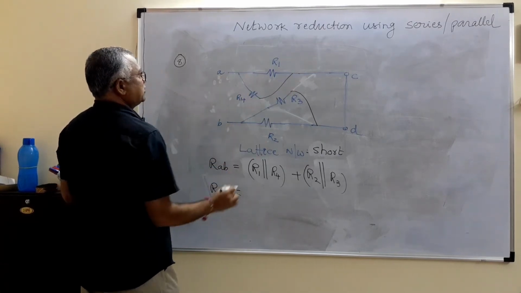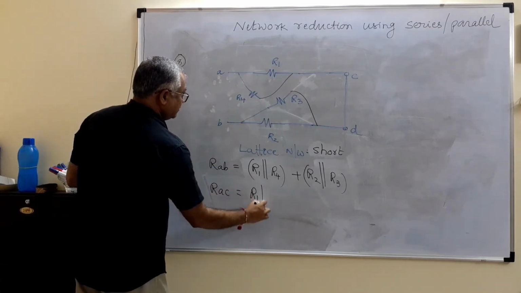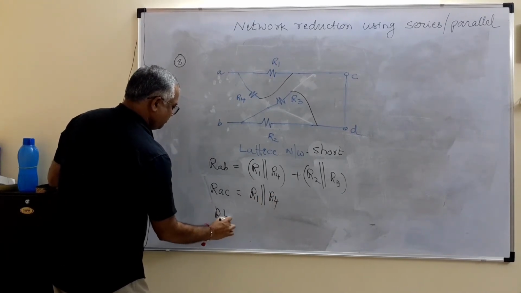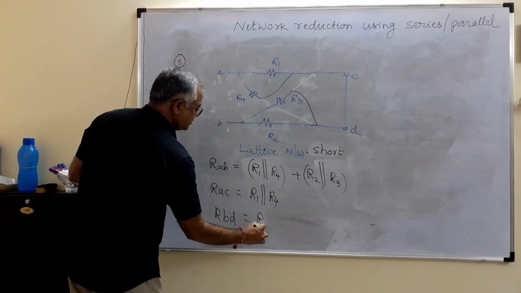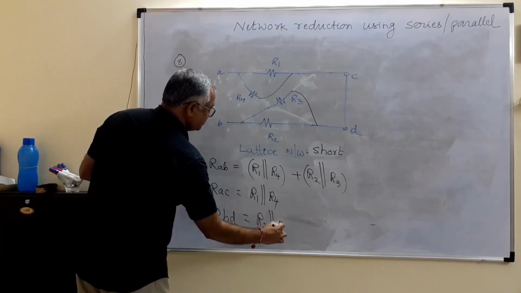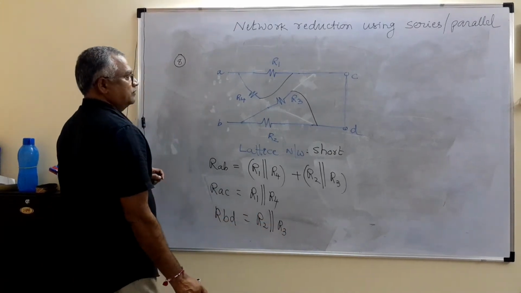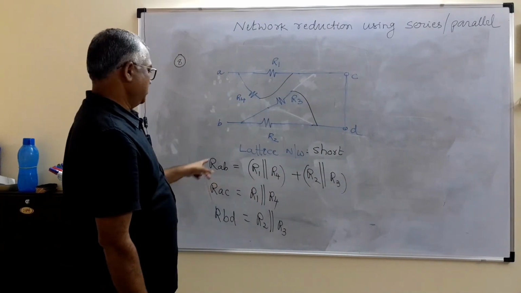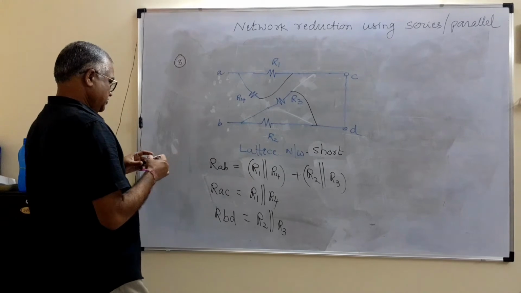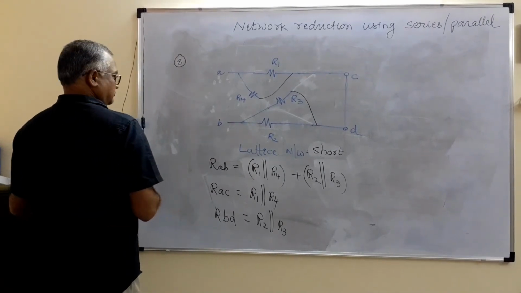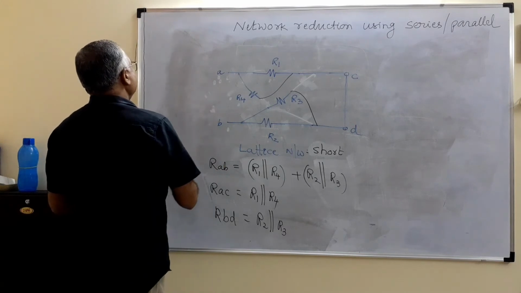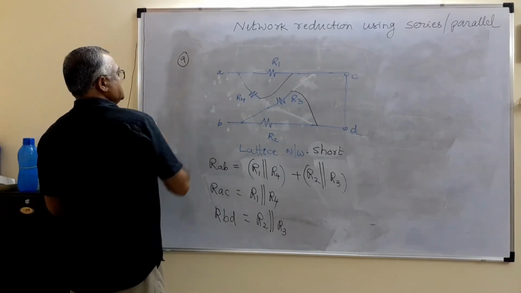We can also answer RAC. R1 parallel with R4. RBD we can answer. R2 parallel with R3. RCD anyway 0. That's all. These are the possibilities we can answer. So lattice open short. Ninth example.